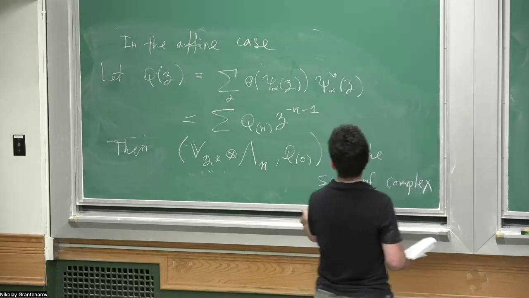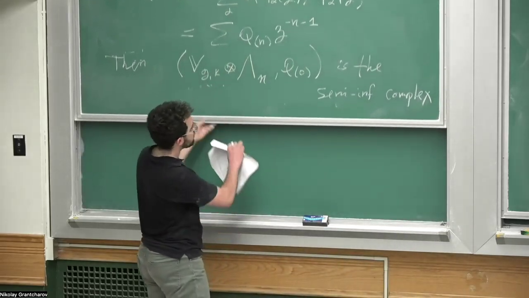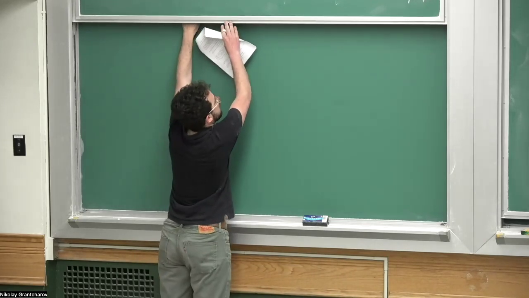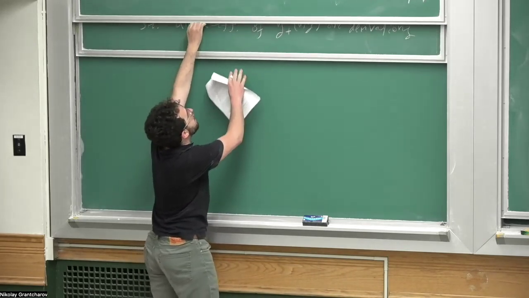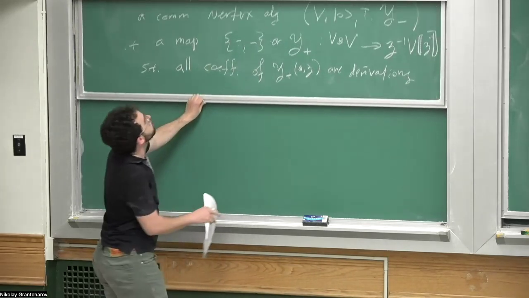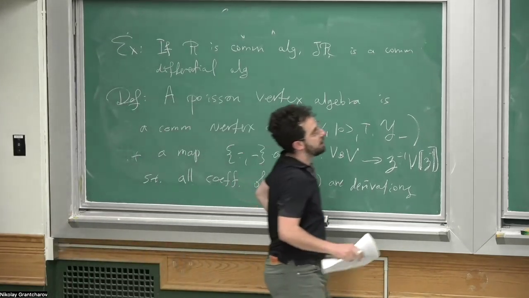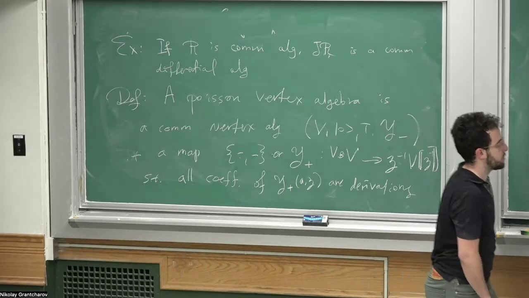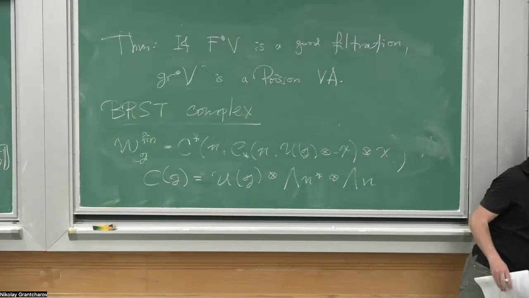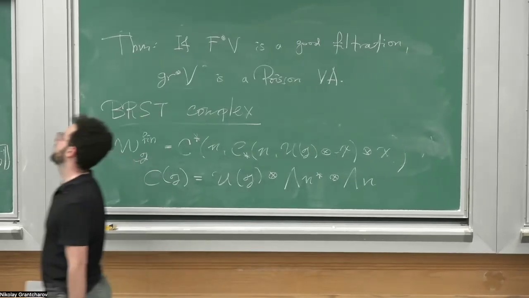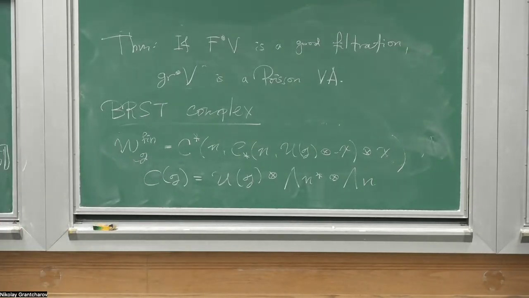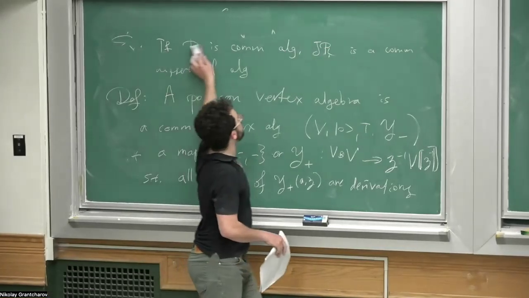And basically for the same reasons. But then yet again, the problem is that we need Q0 to have degree 0 if we want the cohomology to be a vertex algebra. We need Q to be of degree 0.